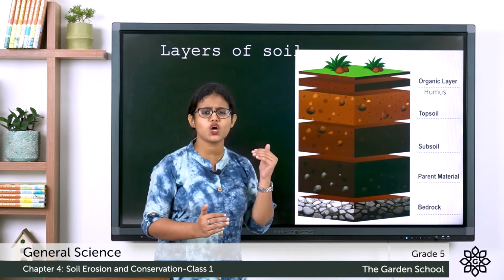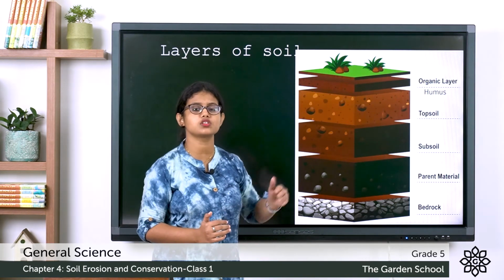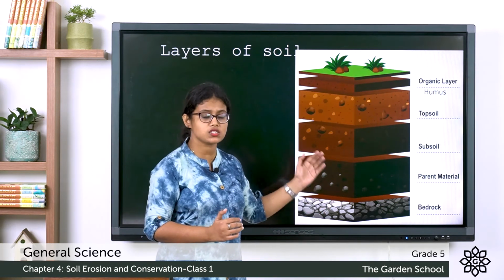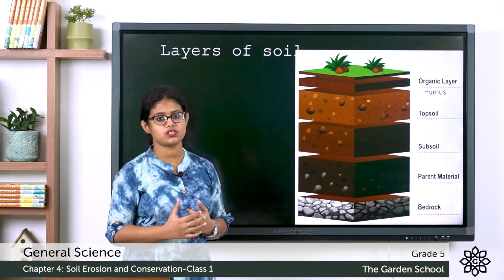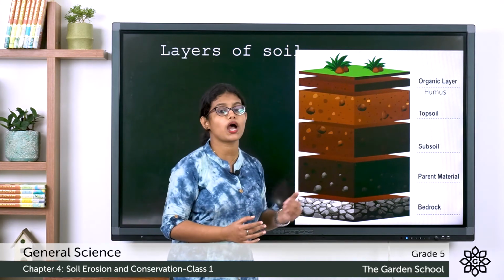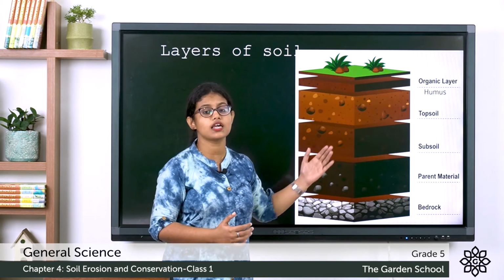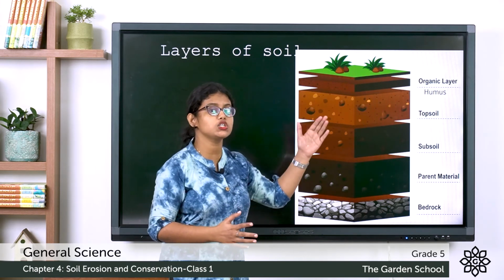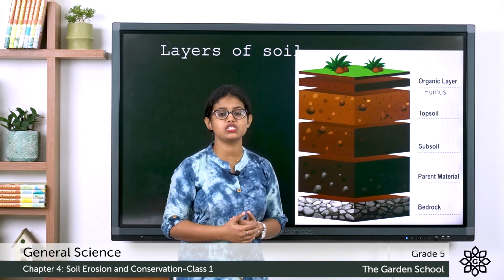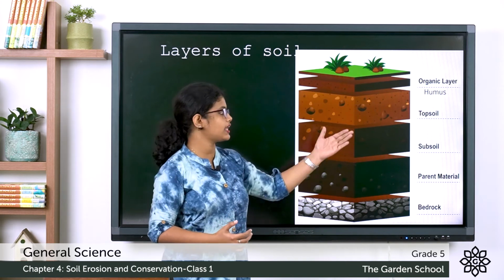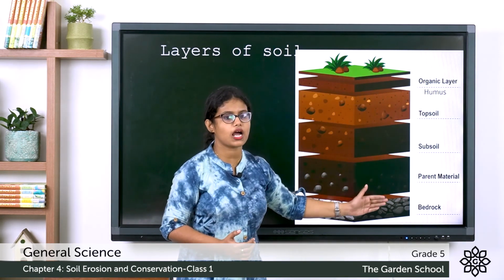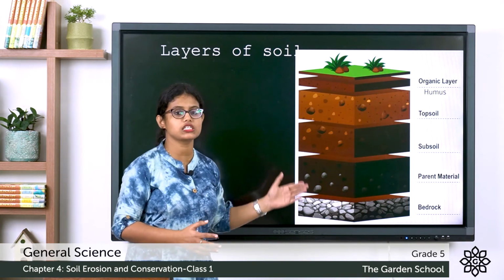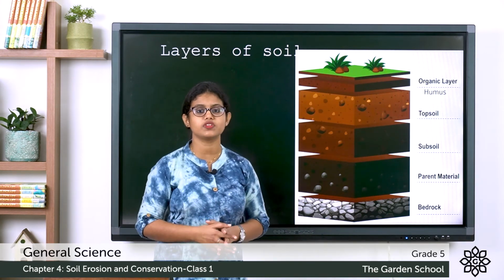Topsoil is the topmost or outermost soil, and this soil is suitable for the growth of plants. Even the nutrients required by the plants are contained in this soil. Each layer has its own properties and features. Then comes the subsoil, then the parent rock, and then the bedrock. So these are the different layers of the soil.